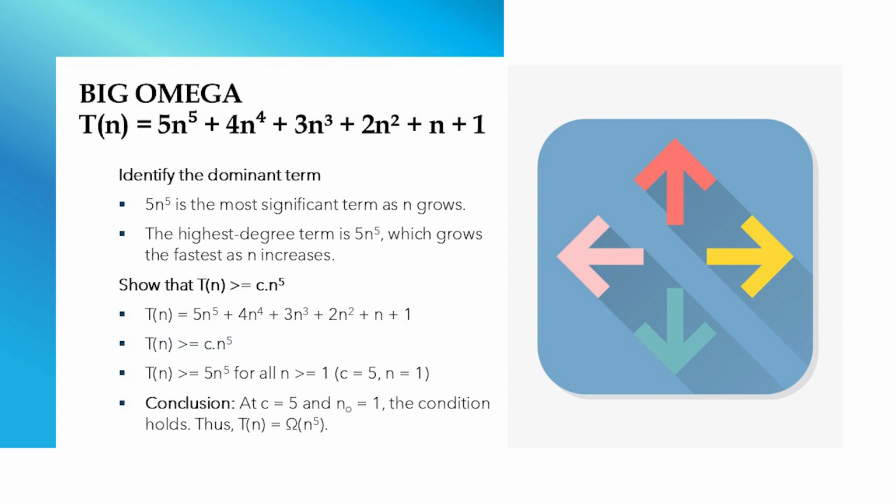So what this means is that 5 becomes the coefficient, and this expression holds when n is greater than or equal to 1. So at the constant of 5 and n equal to 1, we can confidently say that T(n) is always greater than or equal to 5n raised to power 5 for all n greater than or equal to 1. And this is exactly what we need to prove. So T(n) is the big omega of n raised to power 5.